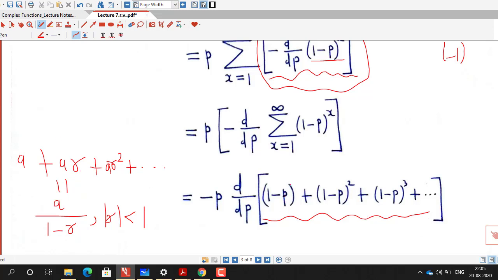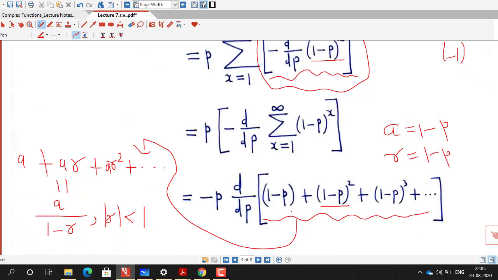So if we compare this series with this geometric series, then we can see a is 1 minus p and the common ratio is also 1 minus p. If you take ratio of any two successive terms, then it is going to be 1 minus p.